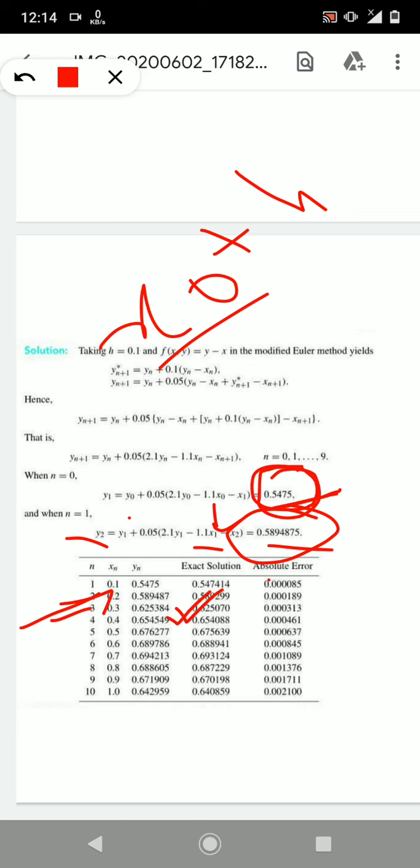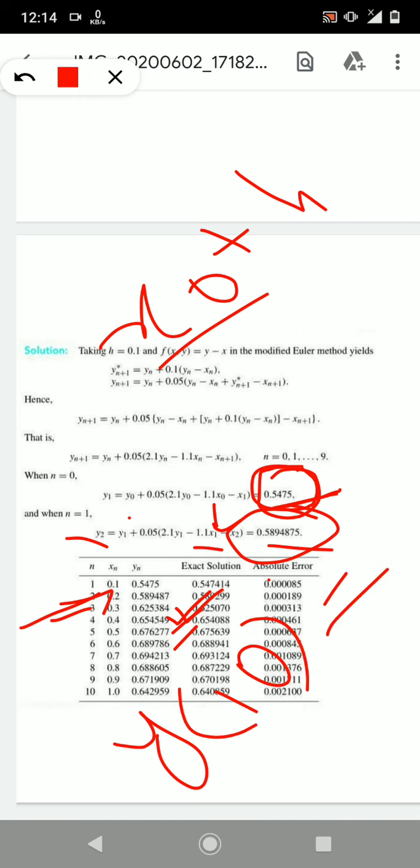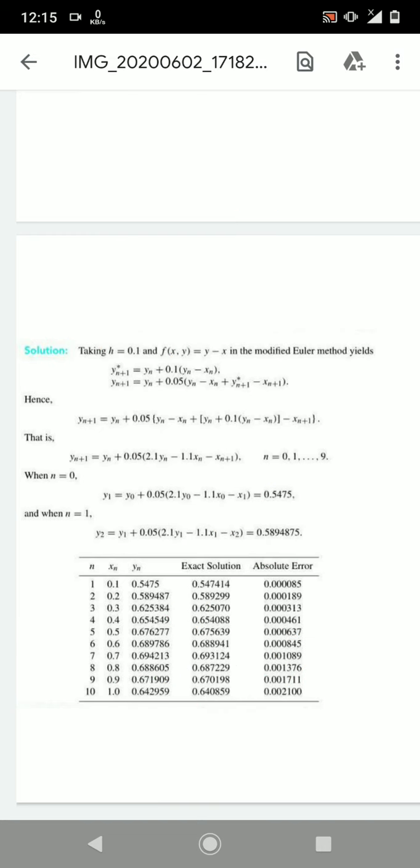Then the fourth approximation, fifth, sixth, up to the 10th approximation y10, we will get the answer as 0.642959.